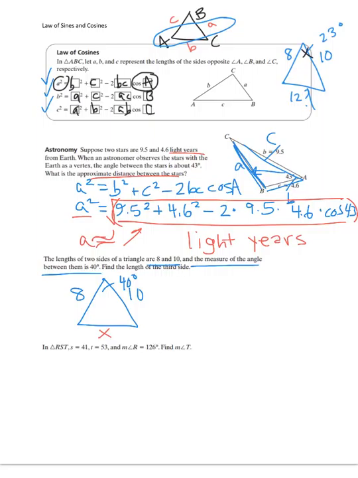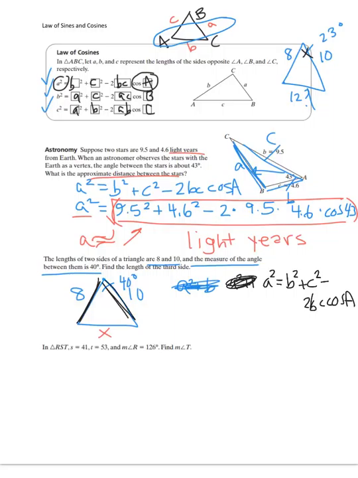So again, I'm going to use the formula for law of cosines because I have a side, angle, side situation. So it's going to be a squared equals b squared plus c squared minus 2bc cosine A. My b and c are going to be these two.